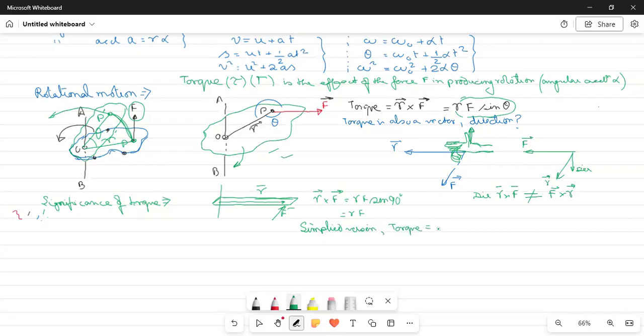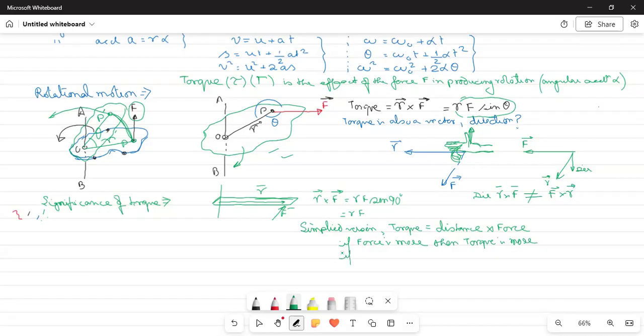So in that case, in the simplified version, torque is equal to distance, the distance from the axis of rotation to the force, multiplied by force. This shows that if force is more, then torque is more.